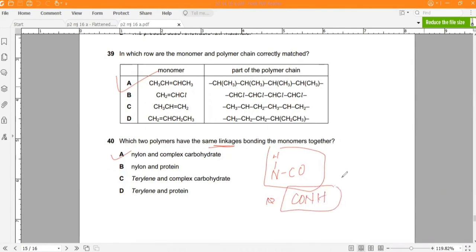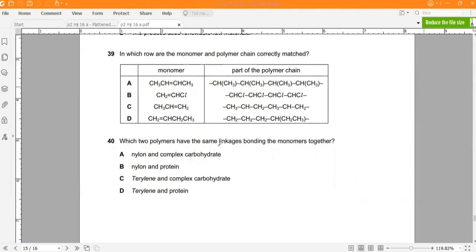This is called the amide link. So nylon will have an amide link, but carbohydrate will not have an amide link. So remember, they are not appropriate. They are not taking the same linkage bonding the monomers together to get the polymer.